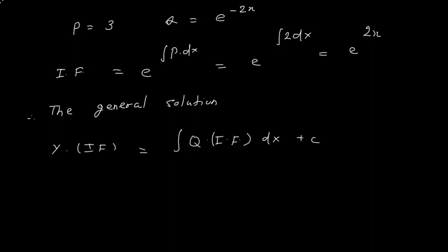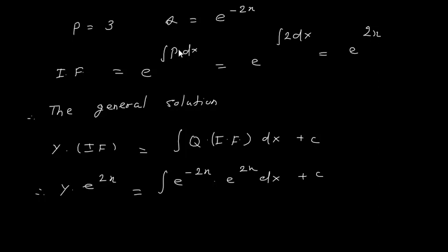So therefore y into e power 2x is equal to integration of q. The value of q is e power minus 2x, into e power 2x into dx plus some constant.